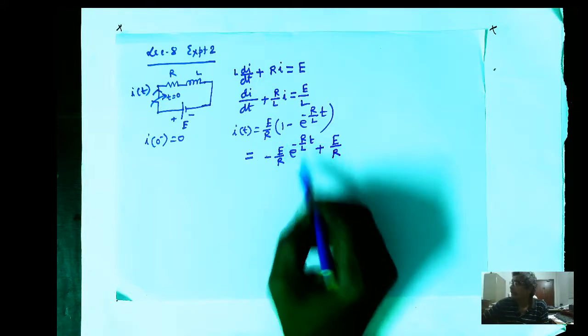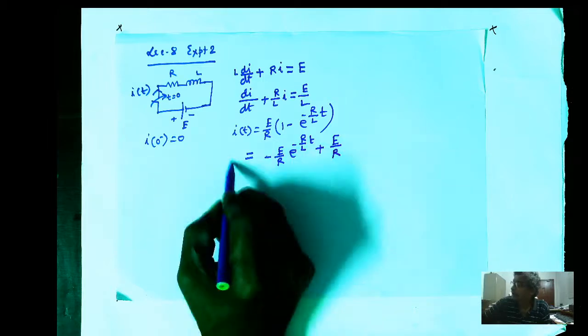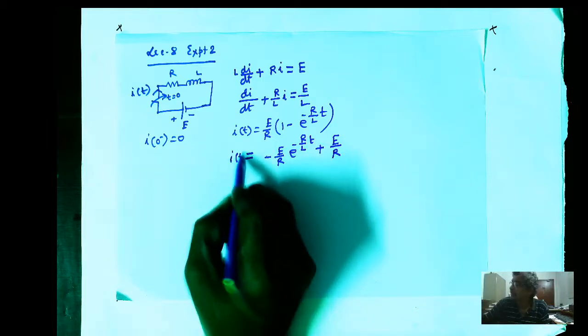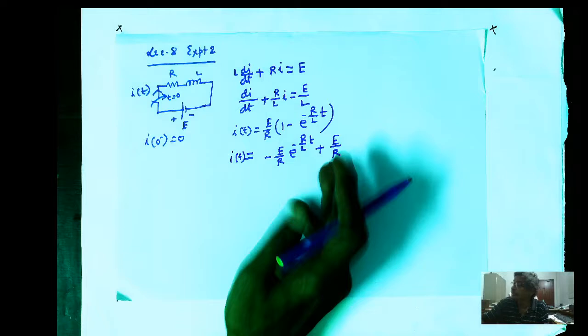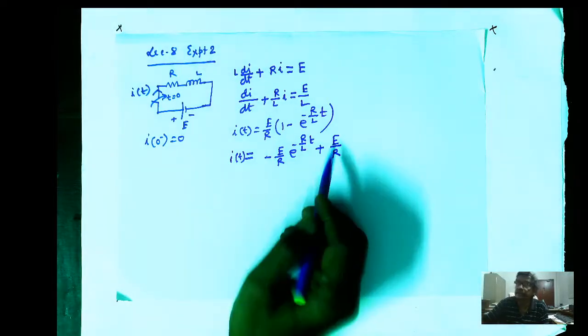So this is equal to i(t). This is the natural response, and this is the response due to forcing function E by R.